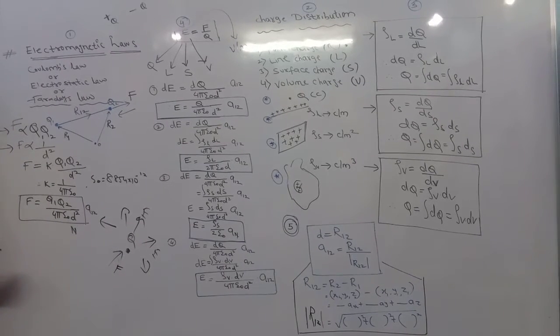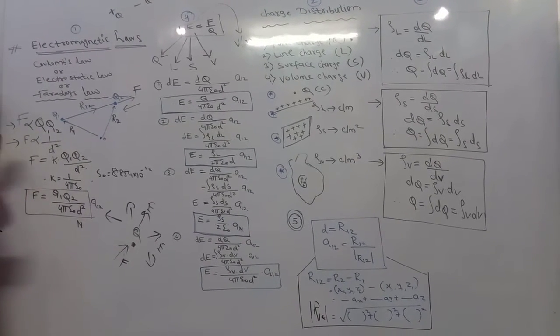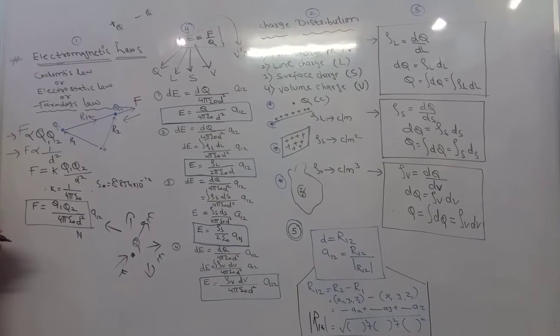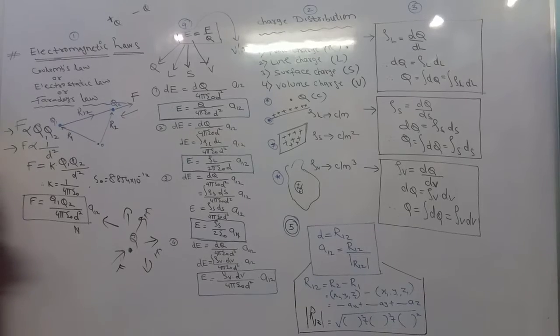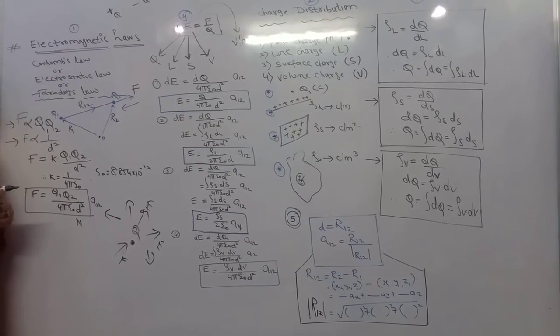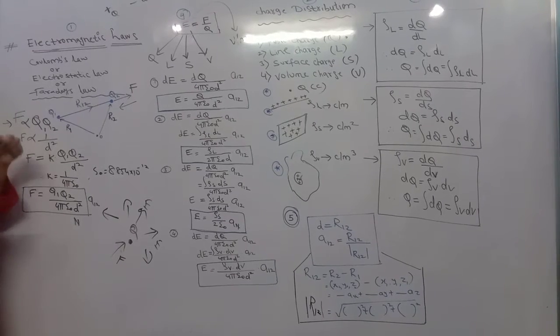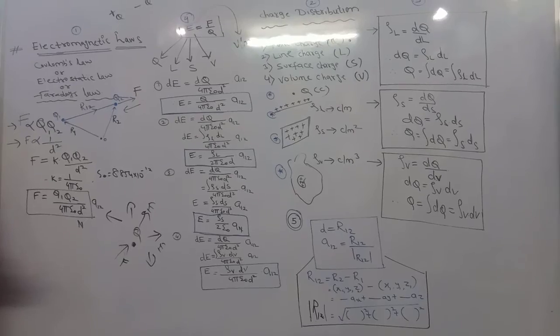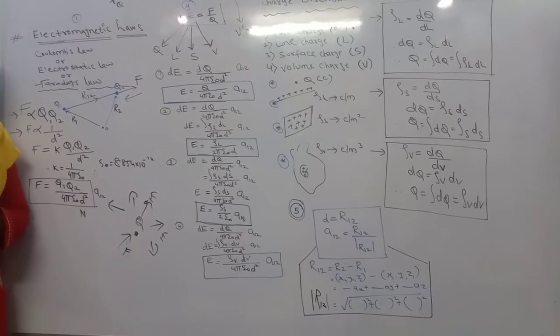Okay, newton per coulomb or newtons. So in this way you can calculate all these terms related to electromagnetic laws, and we have studied today Coulomb's law or electrostatic laws, or you can say Faraday's law of electromagnetic induction. Okay, so in this way we have calculated all these things.